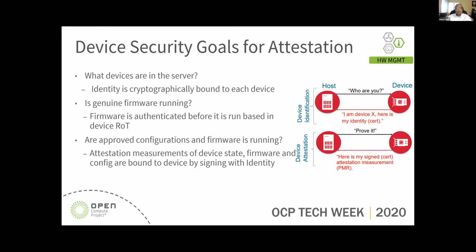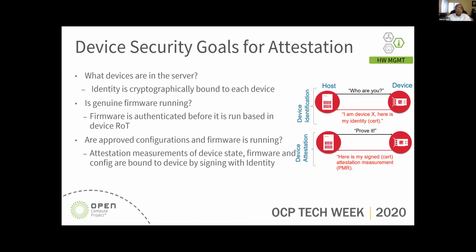Along with that goes the firmware it's running, and you want to bind all of it together and sign it through a measurement with the device identity, so that you can attest the device and say: not only is this device valid, with its cryptographically bound identity verified, but it's also running the firmware it's supposed to run, and its current state is tied to what it's running, and I have verified that. So those are the goals.